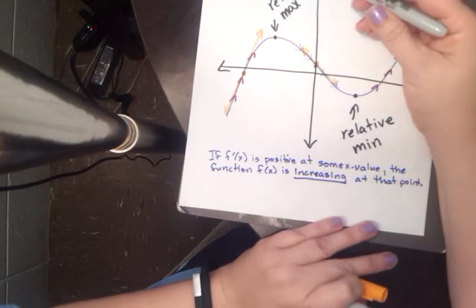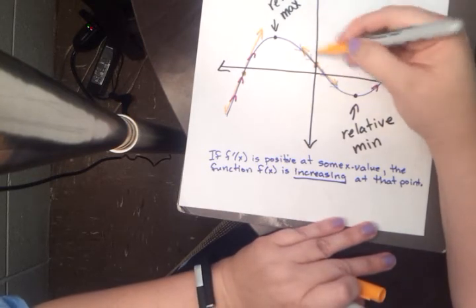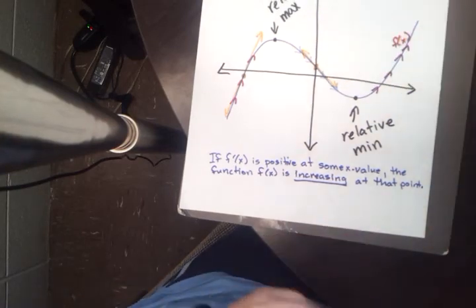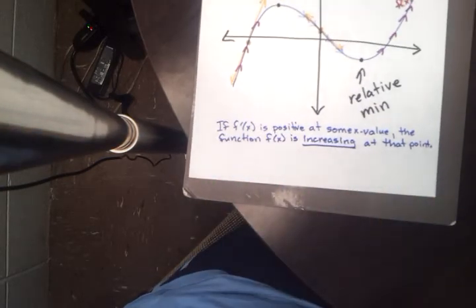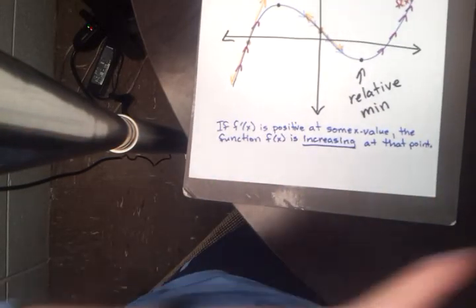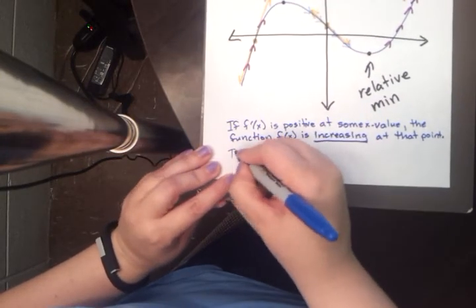That f prime of x, when you plug in that 0, tells you the slope of the tangent line. That slope is definitely going to be negative there because that's what the function looks like at that point.